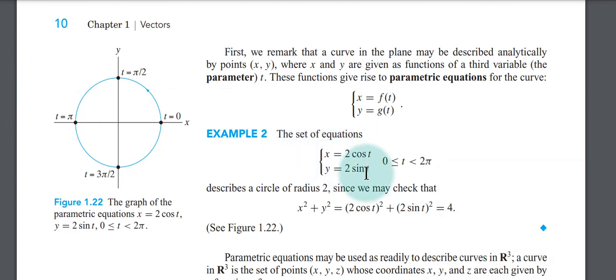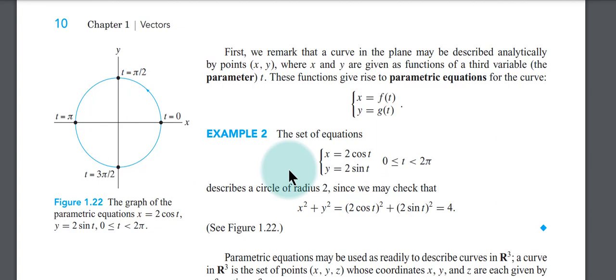Okay, so maybe we can do that. And so here they try and do that. And I think we can see that we can probably factor out 2 squared out of here and 2 squared out of here. So then the 2 squared comes out, and we get cosine t squared plus sine t squared. Maybe you don't remember this, but that equals 1. So anyway, let's not worry about this. It does turn out that these two parametric equations do generate a circle.